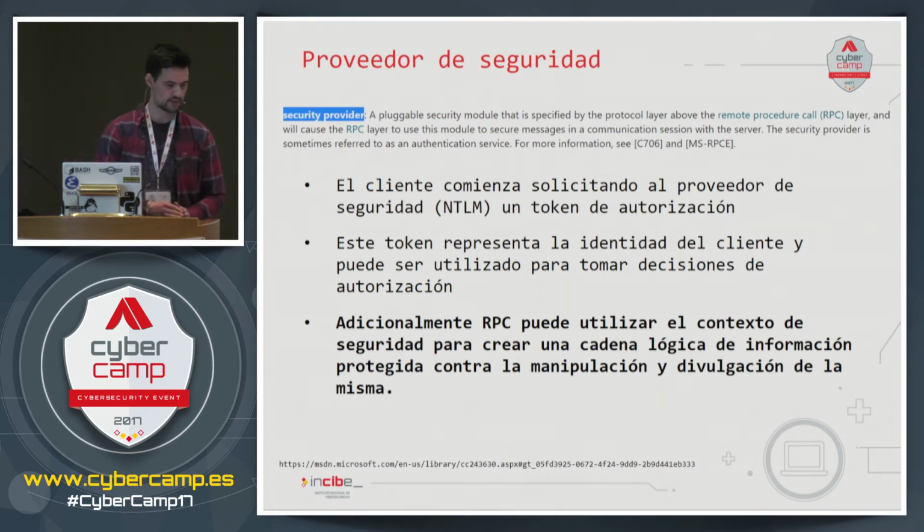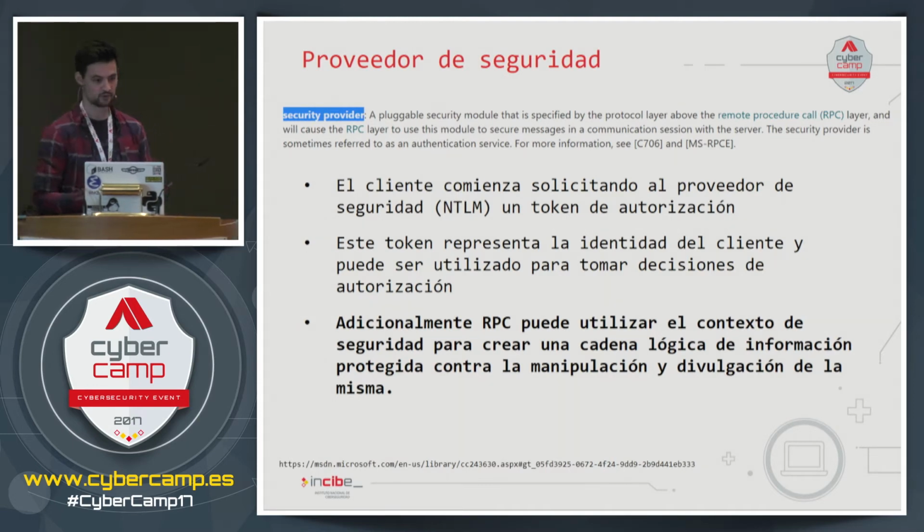So it's an external module which implements all these security characteristics that are negotiated in this context. So, for example, the packets have to be encrypted, they have to be signed, and the security provider gives you those contexts. In this case, it's NTLM, which is a token that's used to sign or to encrypt.